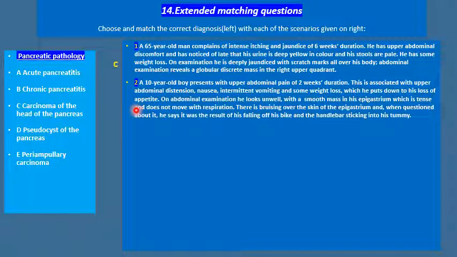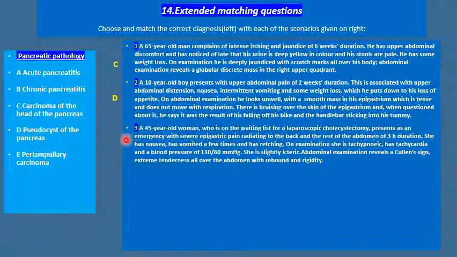There's bruising over the skin of the epigastrium, and when questioned about it, he says it was a result of his falling off his bike and the handlebar sticking into his tummy. Choose the correct diagnosis for this patient. The answer is D. Pseudocyst of the pancreas.